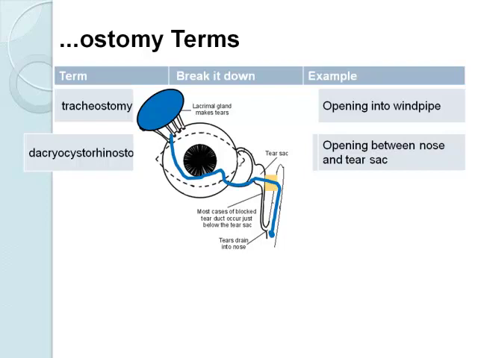So what needs to happen is a section of bone, which is here, is removed to make a passageway for the tears to drain across and down into the nose this way. And that is called a dacryocystorhinostomy. So it's actually making an opening between the nose and the tear sac.